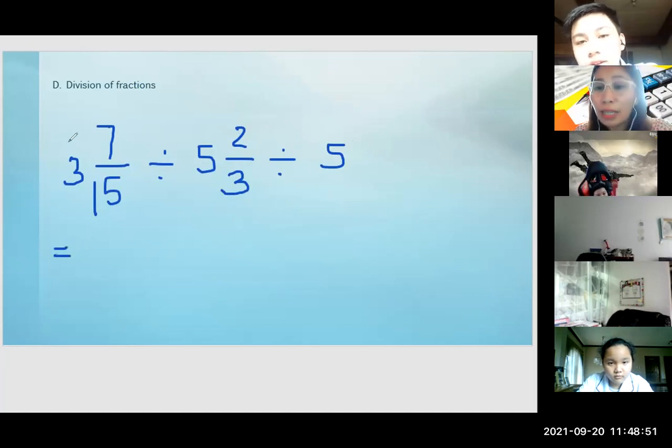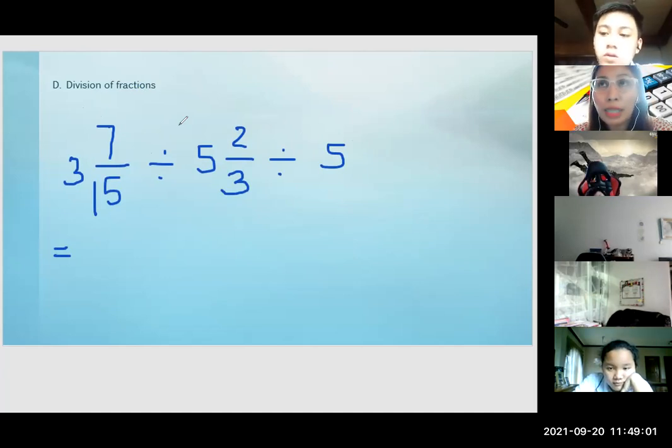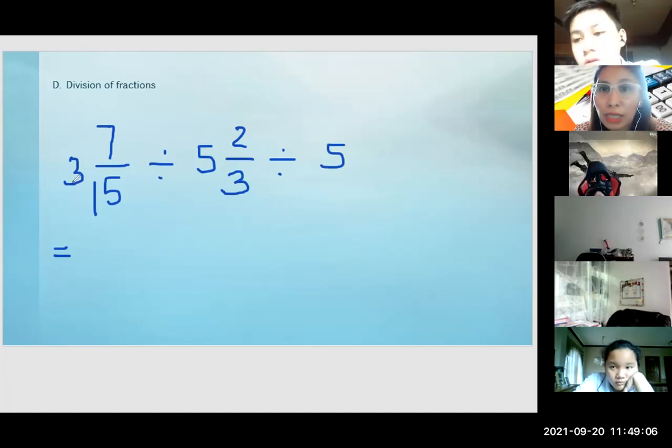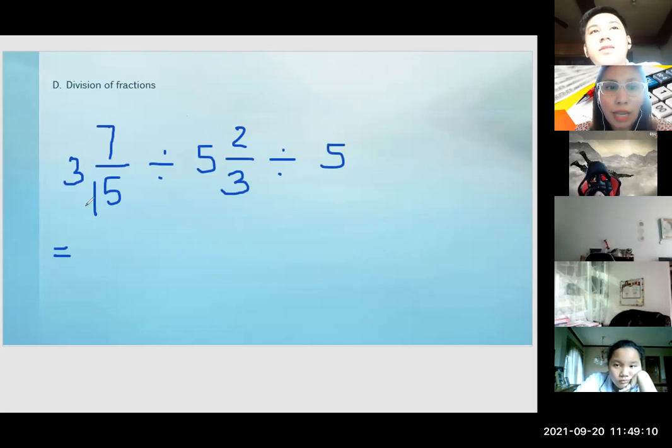If the given numbers are in mixed number, the first thing you need to do is to make all mixed numbers into improper fractions. 15 times 3, we need to multiply it by 3. 45 plus 7, 52 over 15.